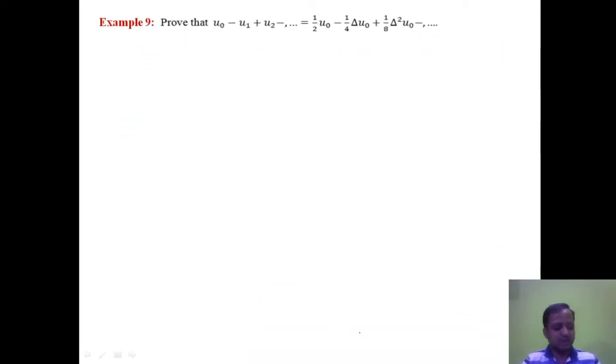Example number 9. Prove that u0 minus u1 plus u2 minus and so on is equal to the right hand side part. Here consider the LHS part. LHS is equal to u0 minus u1 plus u2 minus u3 plus and so on.